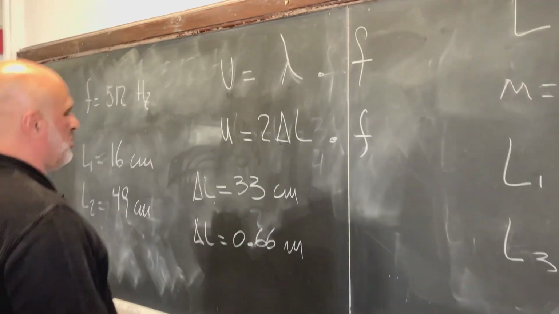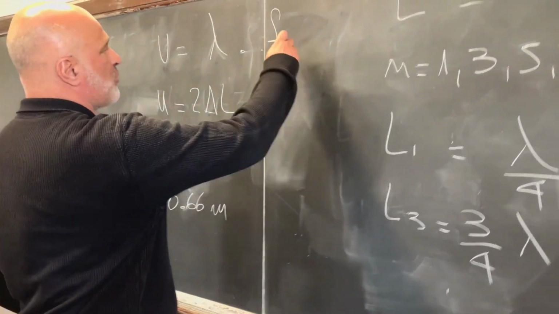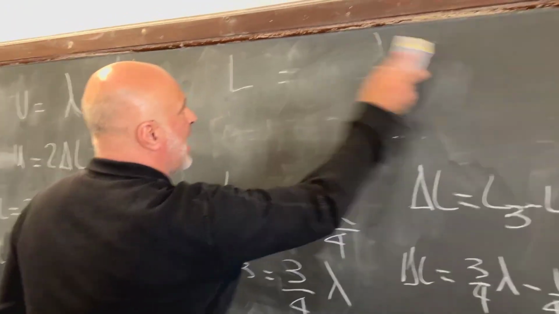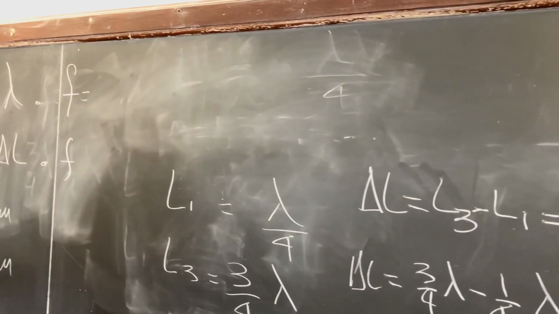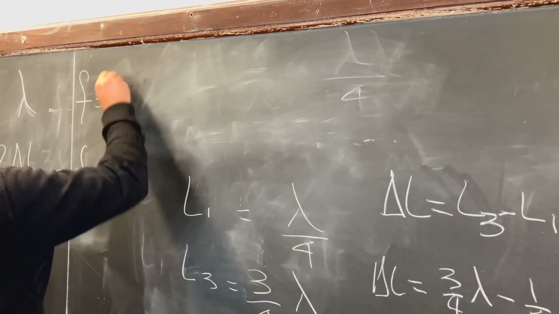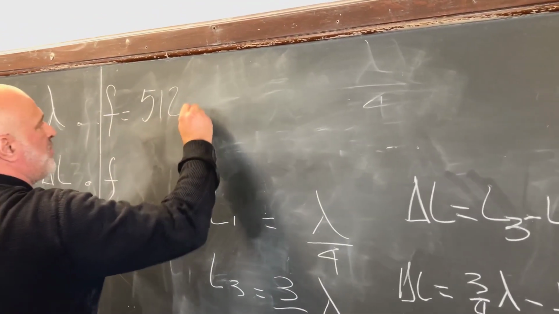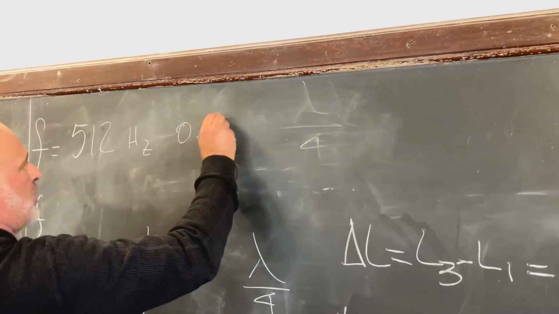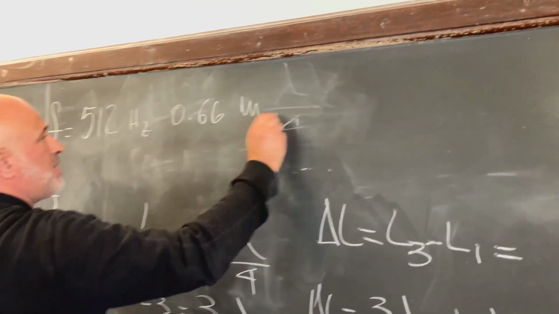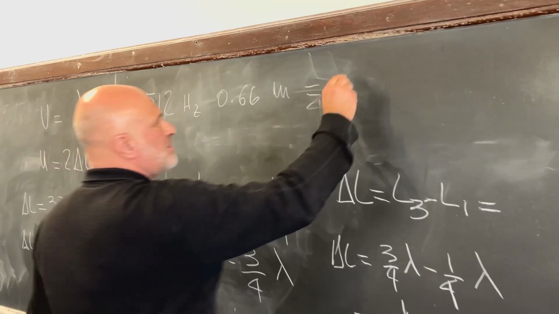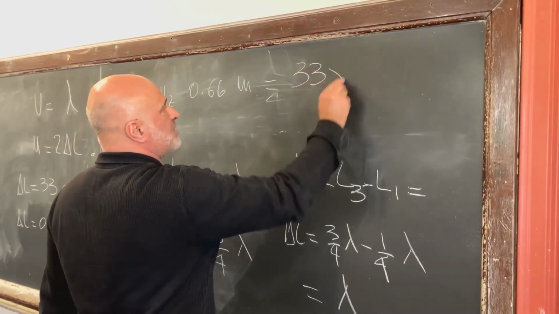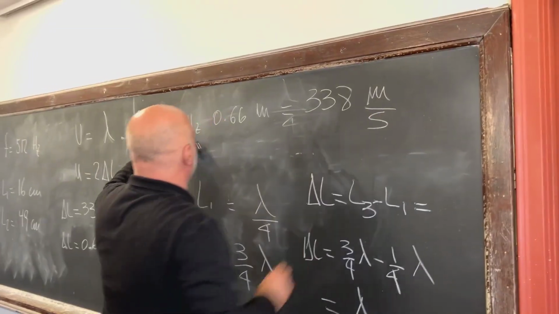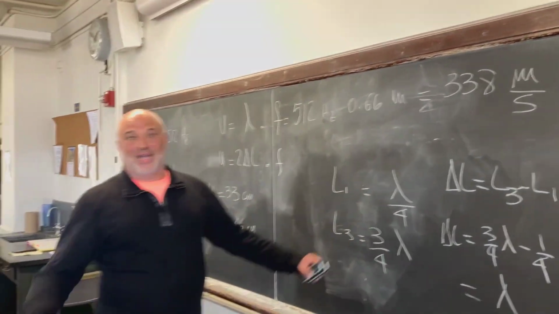So now we have a frequency of 512 hertz and 2 delta L of 0.66. So 512 hertz times 0.66 meters gives 338 meters per second. And this is all, folks.